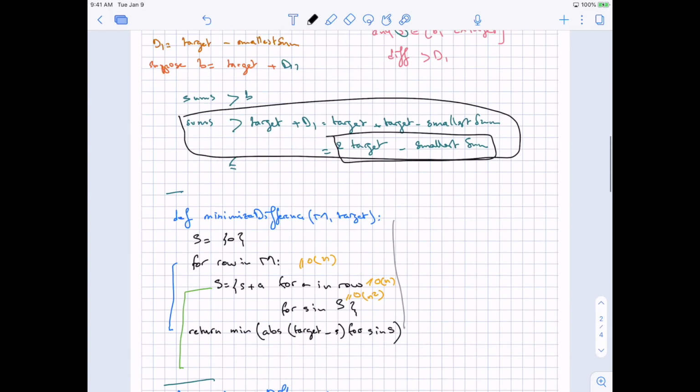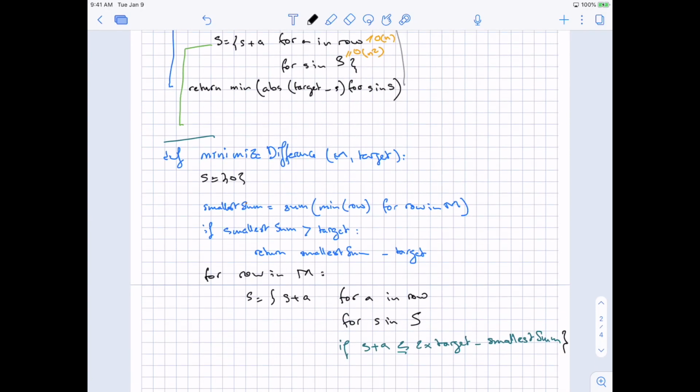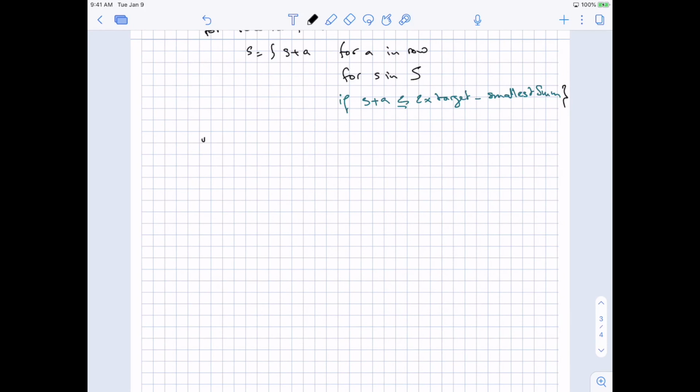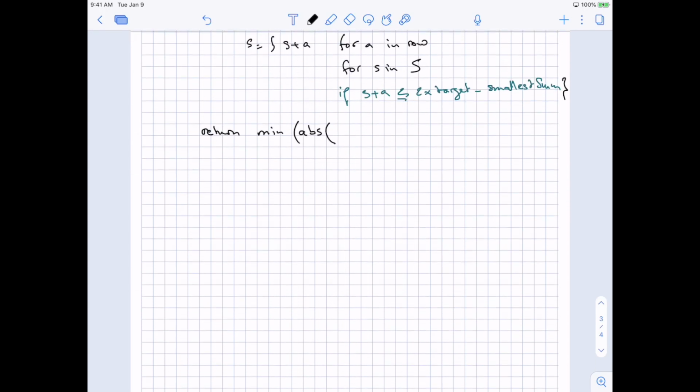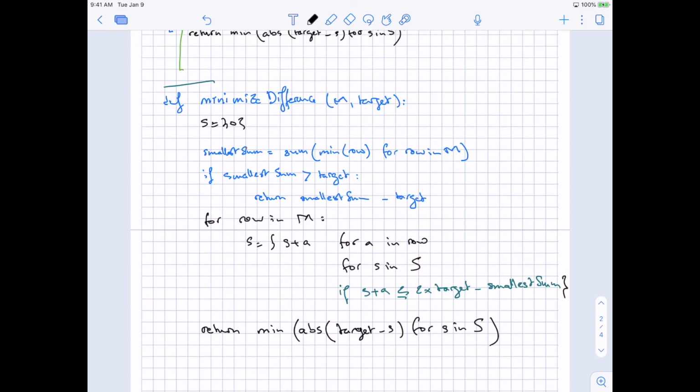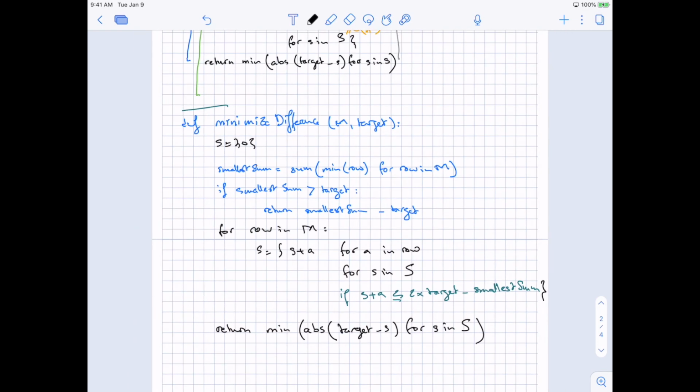And then at the end, we do the same thing we did here, which is just return the min of the absolute difference of target minus S for S in the overall set that we calculated. And with this, we will remove a lot of things and not need to explore them. So let's write this down and make sure it passes test cases. But this is the main idea here.